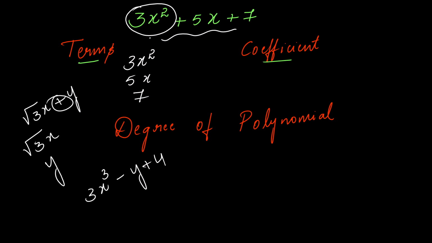So here we have three terms. 3x cube is one term, minus 5 is another term and 4 is one more term. So the combination of expressions separated by these plus or minus symbols is called a term.